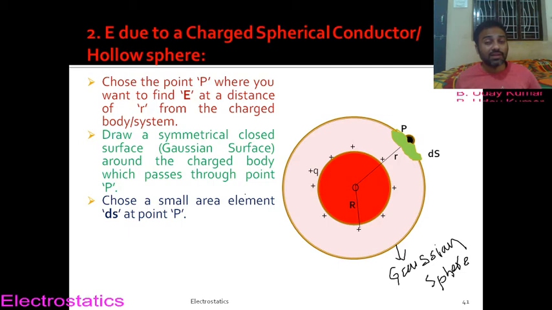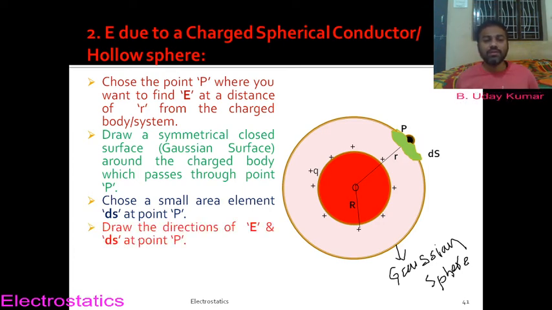What is the next step? You have to draw the directions of the electric field intensity and the area vector that you have chosen at point P. So draw the directions of E and dS at point P. What will be the directions of both E and dS?